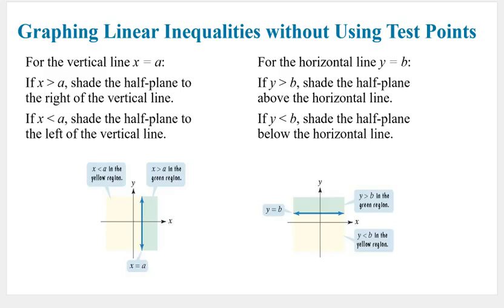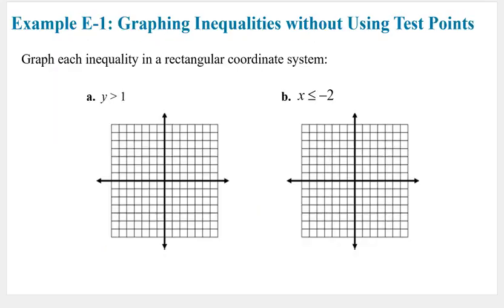When you're doing horizontal lines, greater than will be everything above, and less than will be everything below. So these don't require hardly any work at all. They just require that you're paying attention to the signs. So if you look at y is greater than 1, that is the line y equals 1.